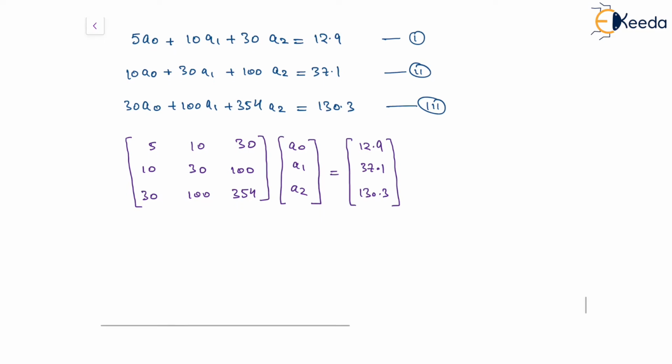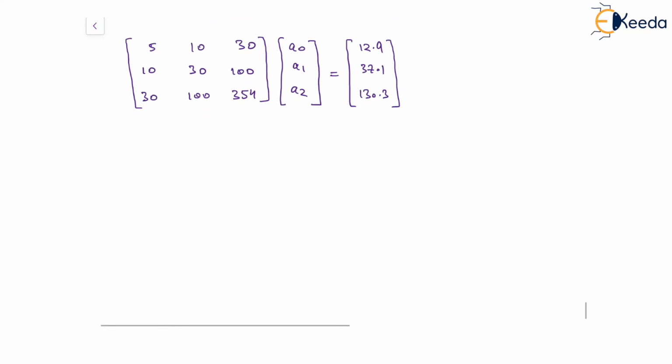So with this equation of the form AX equal to B, we'll be using Cramer's rule to find all the unknowns.